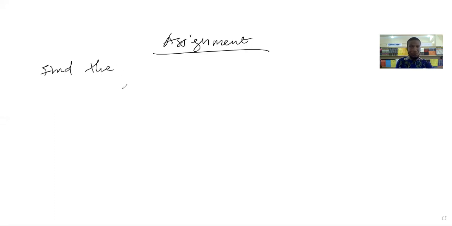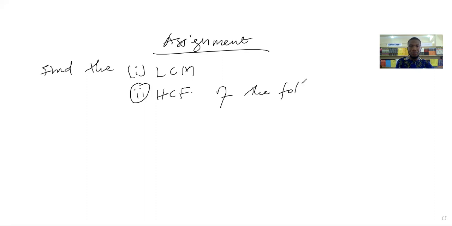Find the L.C.M and the H.C.F of the following numbers. A: 18, 24, and 42.